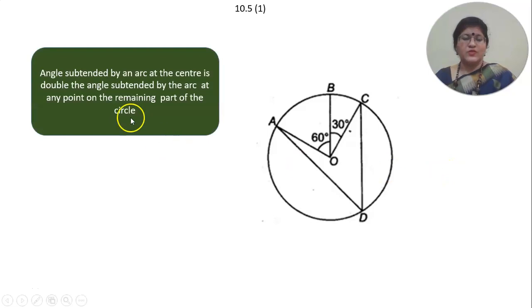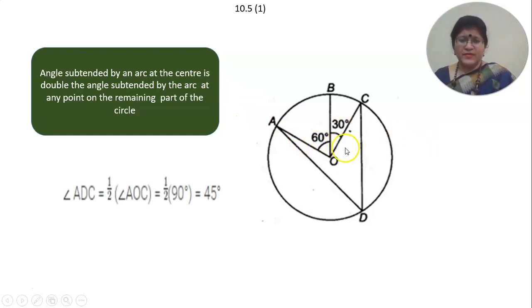Okay. So this is the property. You don't have to memorize this theorem. Just remember that the angle at the center, that is AOC, is double this angle ADC. Again, look for this arc ABC. This arc ABC is forming two angles.